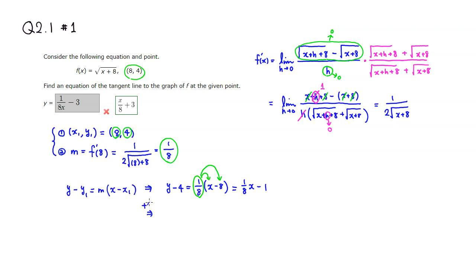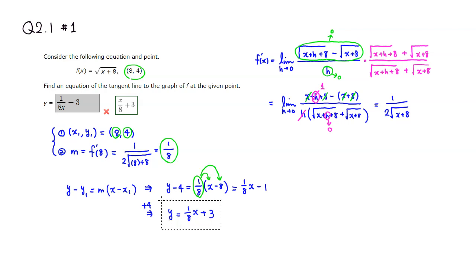We can do that by adding 4. So y is equal to 1/8 x, and then add 4 to -1, so it's plus 3. That is the answer we were looking for.